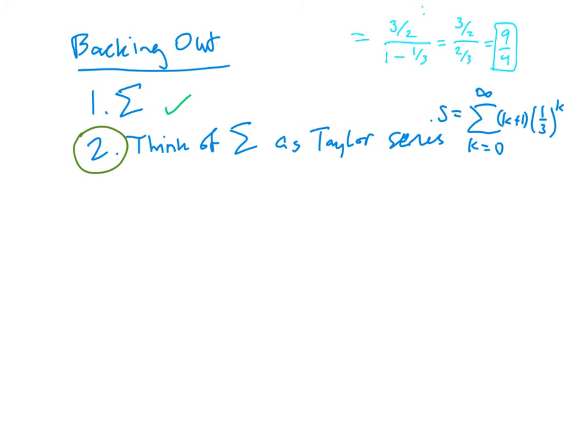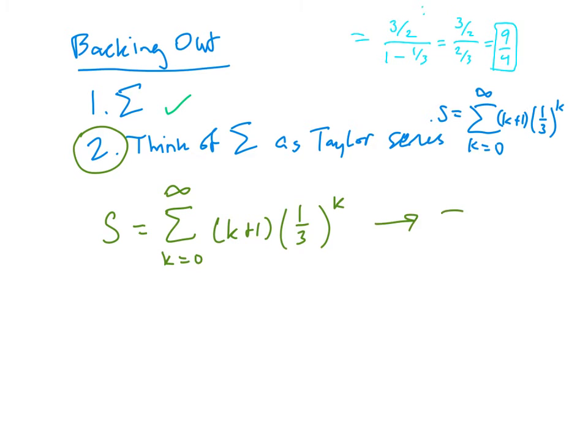So now I want to think of this S, this sum, from k equals 0 to infinity of (k plus 1) times 1/3 to the k. I want to think of this as a Taylor series of some stripe, or as a power series. Actually, more generically, in this section, section 10.3, we're not going to care whether the series that we're working with are Taylor series, like whether they were actually gotten using Taylor's method or not.